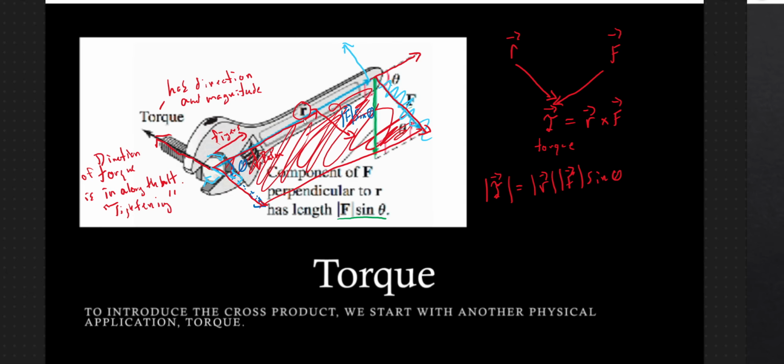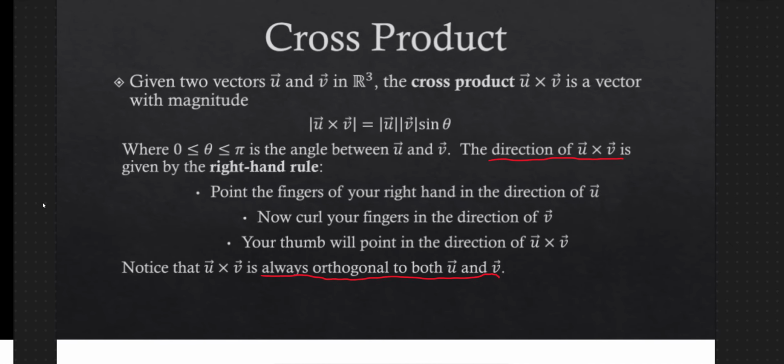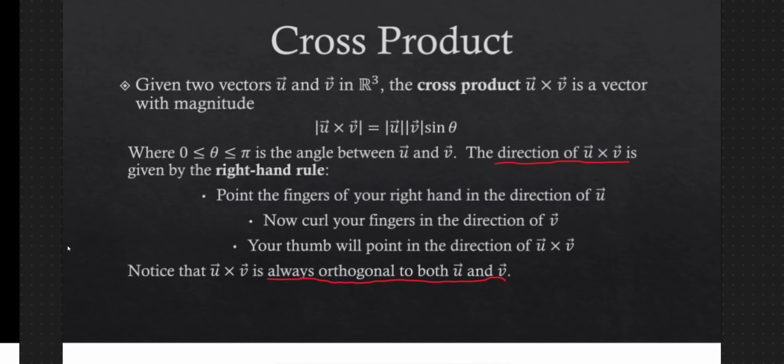They're both parallel to this plane. The torque vector will be perpendicular, normal, or orthogonal, all meaning the same thing, to that plane. And what that means is that the torque vector, or the cross product in general, is perpendicular to both R and F. Or, in general, perpendicular to both u and v.